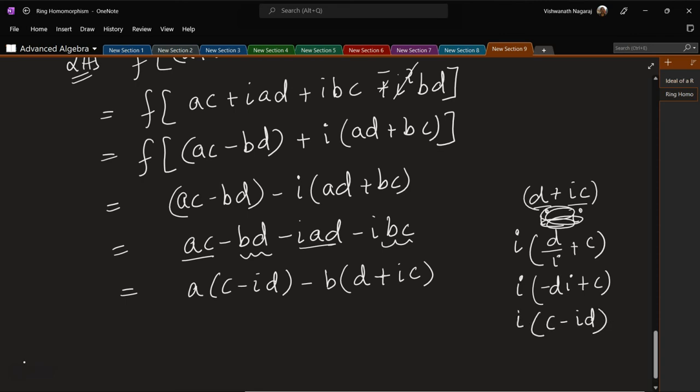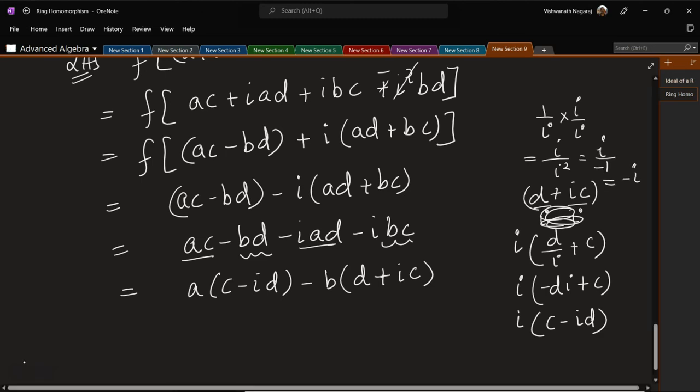Right? Now here 1 by i is nothing but minus i. So let's rationalize this. We get i by i square, which is equal to i, and i square is minus 1, which is equal to minus i. So that's how minus iD came.